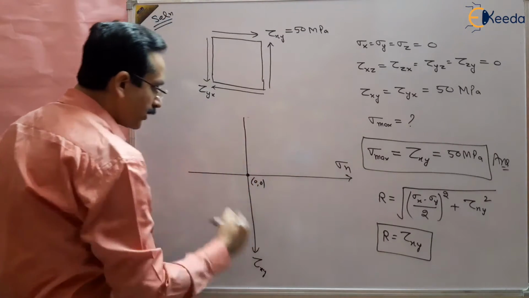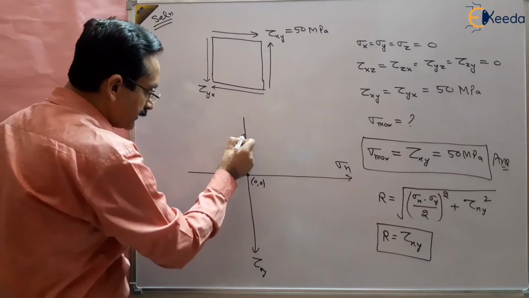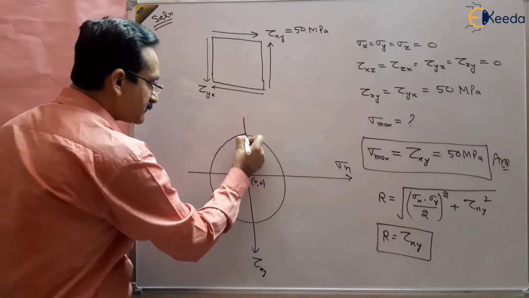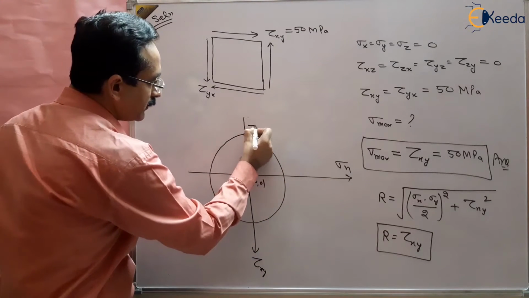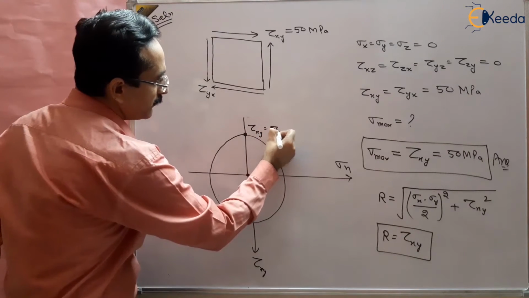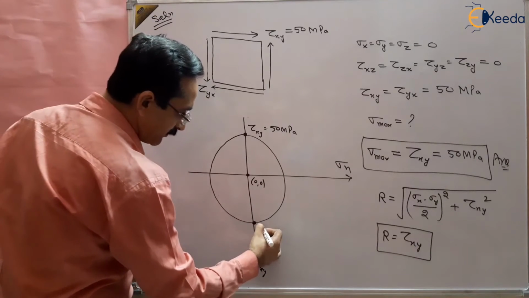When you open a compass, you will get a circle like this, at which the shear stress value tau xy or yx is 50 megapascal, and here also it is 50 megapascal.